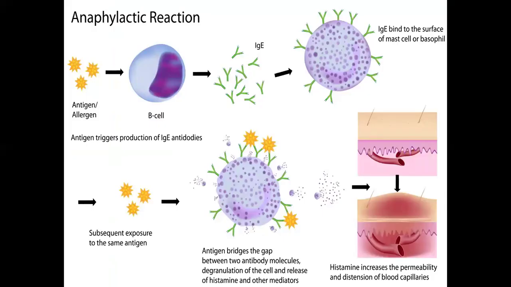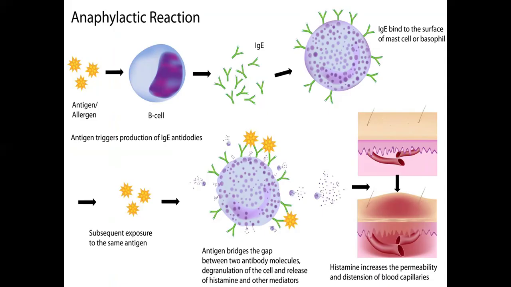So this is the pictorial representation that explains type 1 hypersensitivity reaction. That is the antigen or allergen, which when it enters the body, B cells will secrete IgE antibodies. This IgE will bind to the surface of mast cells or basophils, that is the sensitization phase.